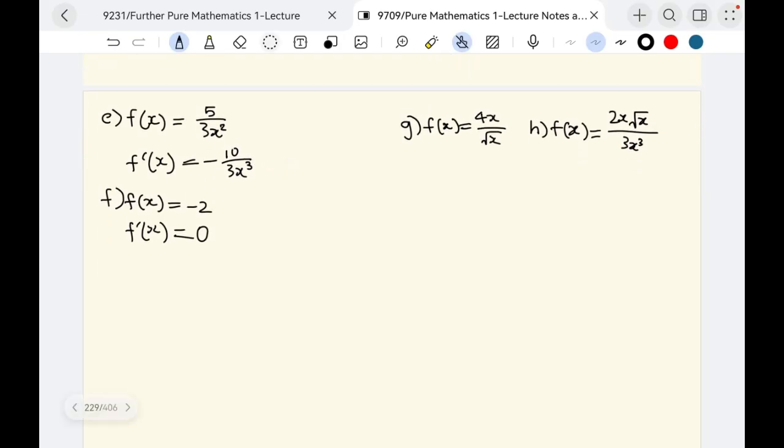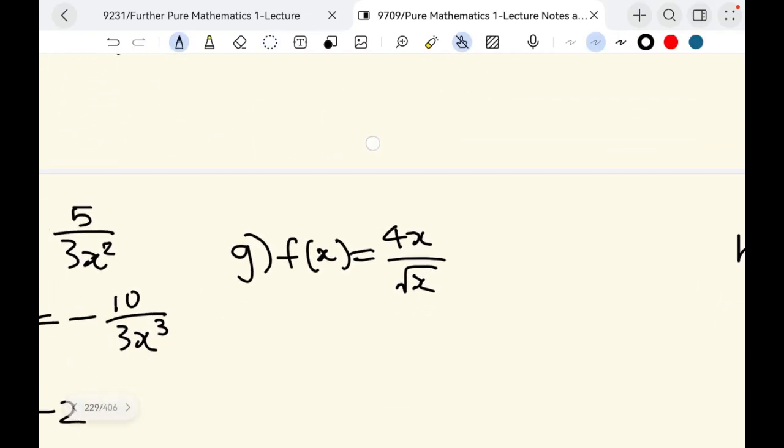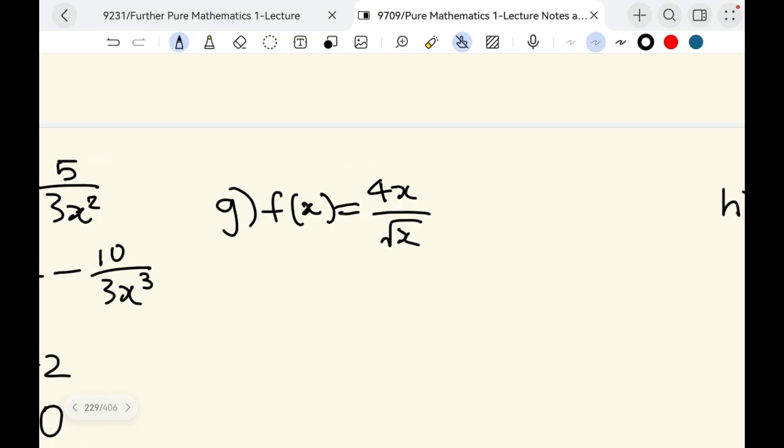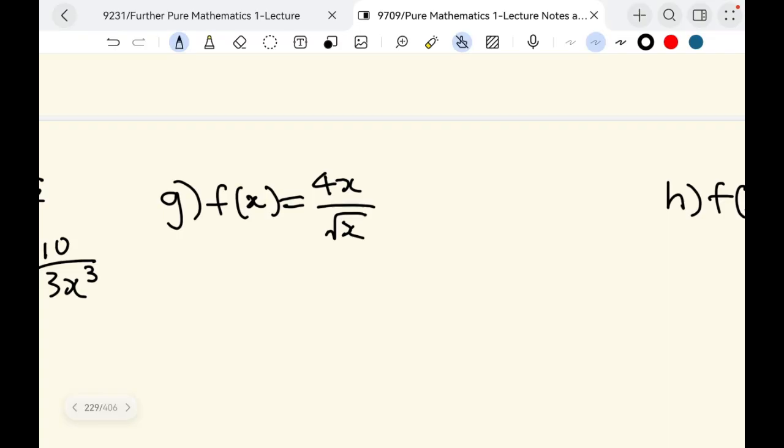Okay, G. G and H are quite hard for you because if you want to differentiate quickly, you must use the product rule. But in your syllabus, the product rule and quotient rule do not exist for the AS syllabus. Instead, we can combine the variables by using the indices rule. So there is a 4x, and what about the 1 over square root of x?